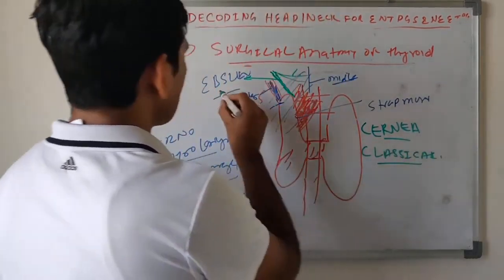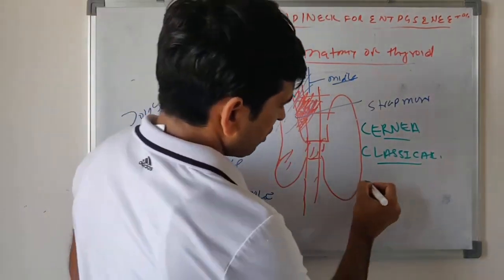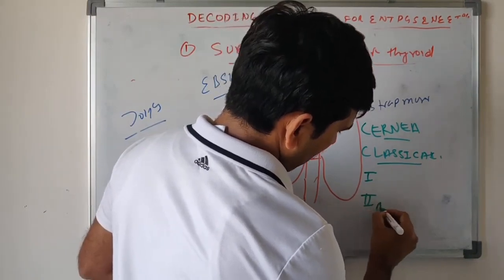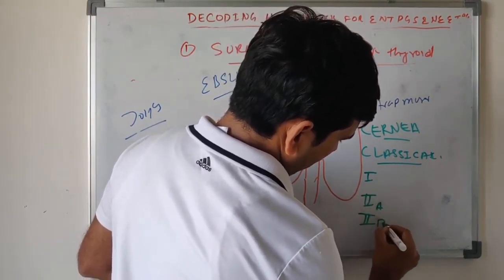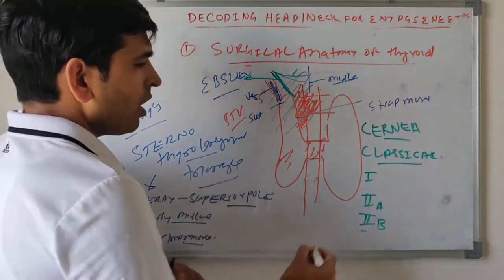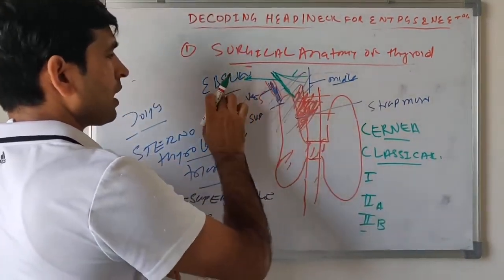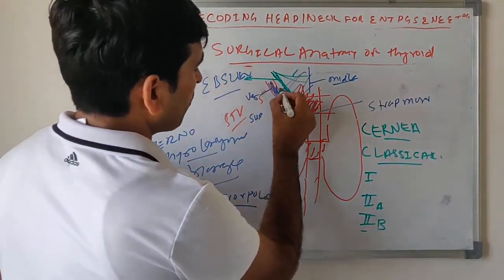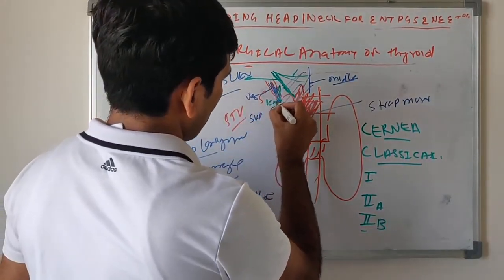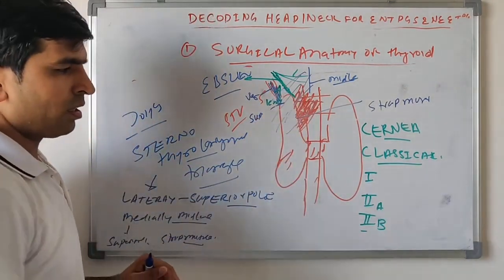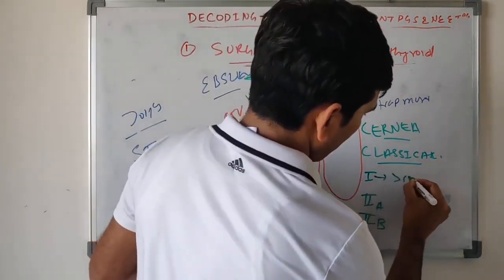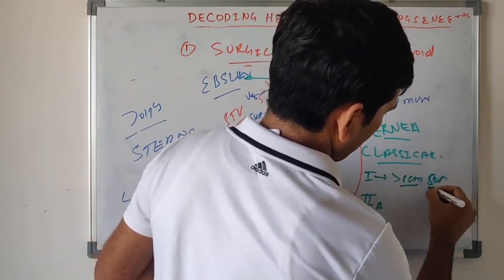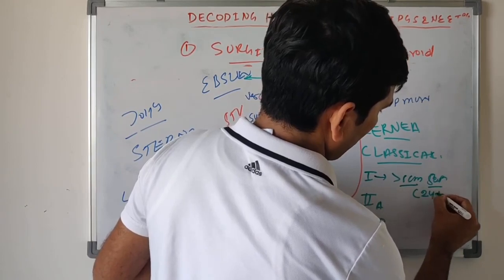For the external branch of the laryngeal nerve there is type 1, type 2A and type 2B. These are three types. If the external branch of the superior laryngeal nerve crosses more than 1 centimeter above the superior thyroid vessels, it is present in 24% of cases.